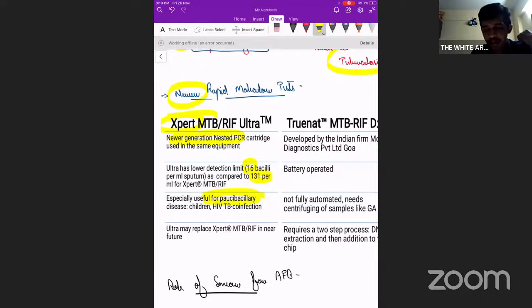And since it can be used in the same equipment, GeneXpert is going to replace CBNAT very soon. In the coming 4 to 5 years, we can expect GeneXpert MTB to replace the existing CBNAT. Okay, what is the other one?